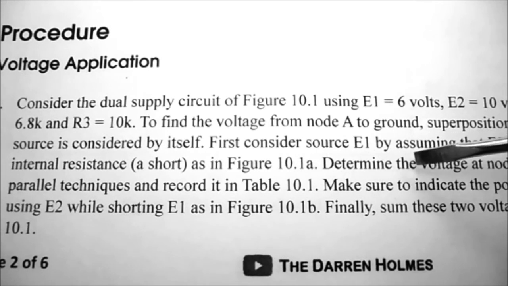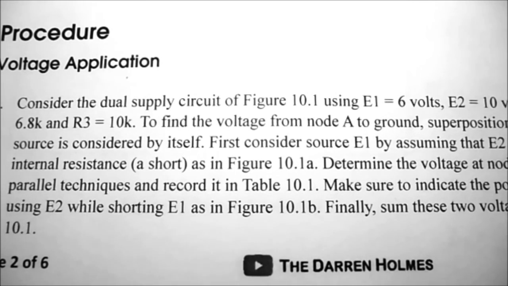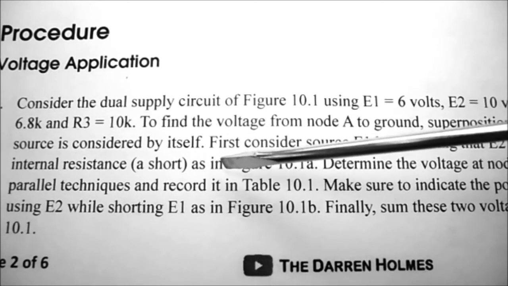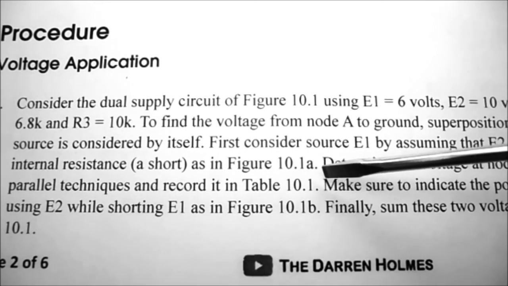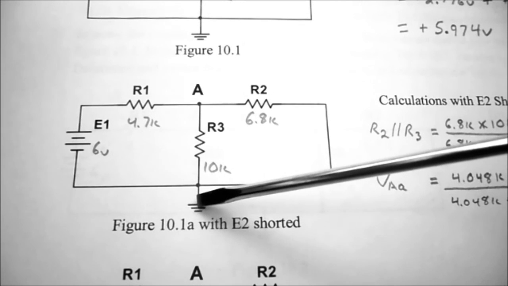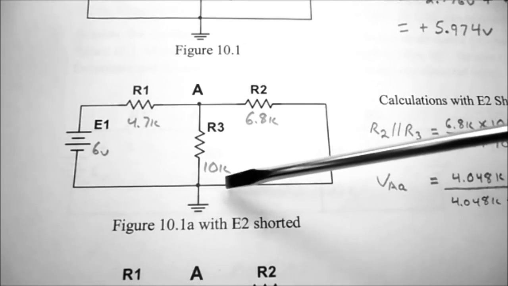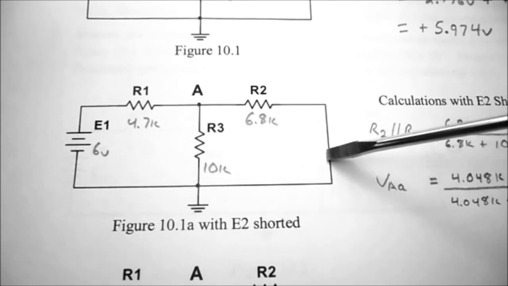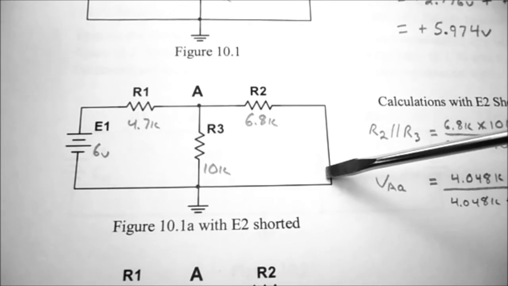We're to determine the voltage at node A using standard series parallel techniques and record it in table 10.1, making sure to indicate the polarity. Looking at figure 10.1a, you can see that E2 has been removed and replaced with a short.